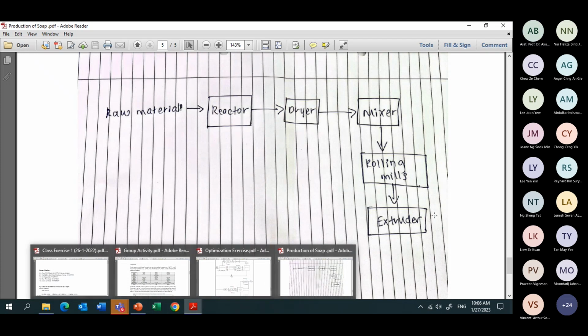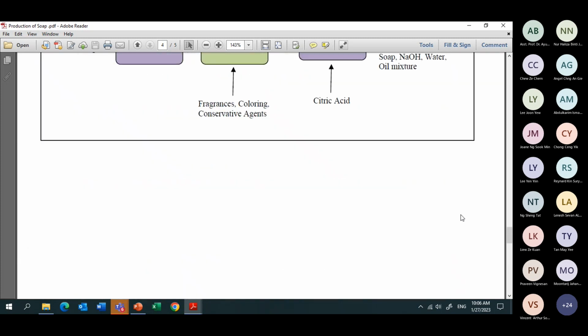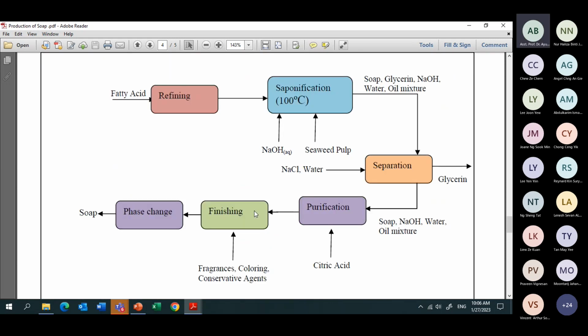Miss, for the phase change, should I mention the temperature in the diagram? Reduce the temperature, for the phase change. Like I mentioned that in this diagram. Yeah, it's better to mention whatever changes that you require over here.